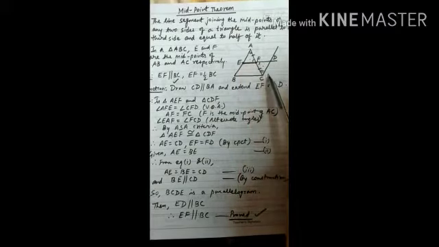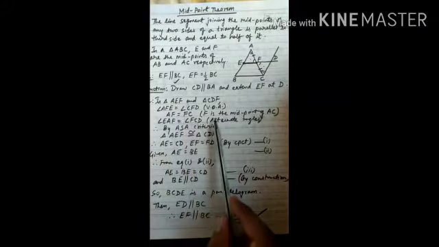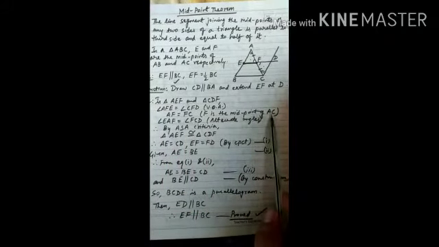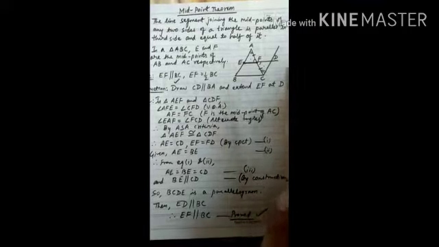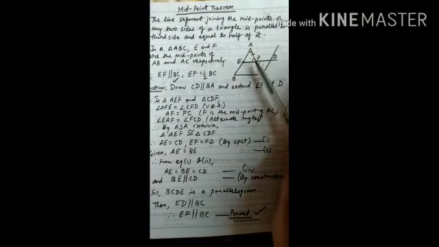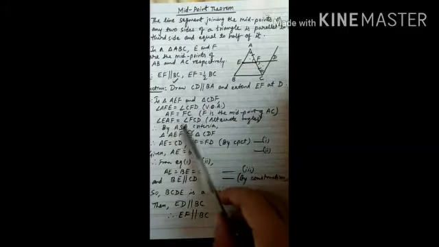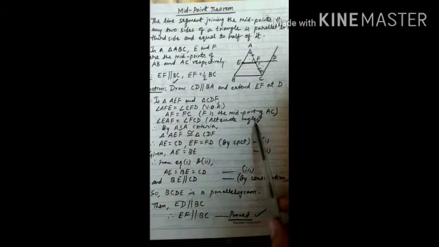F is the midpoint of AC, which means AF equals FC. Since CD is drawn parallel to BA, angle EAF and angle FCD are alternate angles.